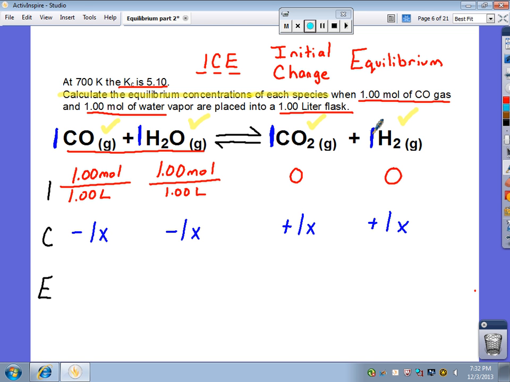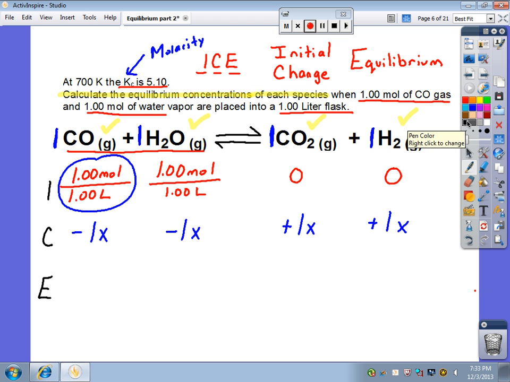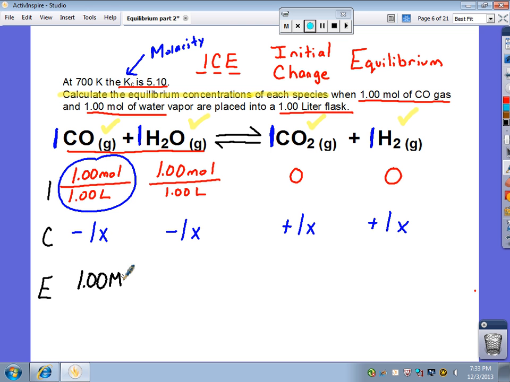So if that's true, and by the way, why in the world did I put 1 mole of carbon monoxide gas over 1 liter right here? Why did I do that? That's because I need things in terms of molarity. How do I know that? Because my Kc is in terms of molarity, isn't it? Okay. So if that's true, what is my value here? My value is 1.00 molar, isn't it? You know what the answer to this is?